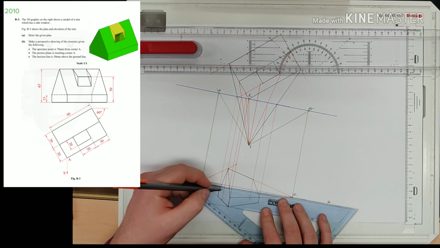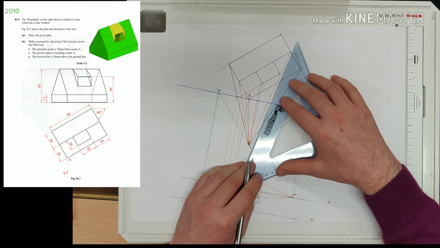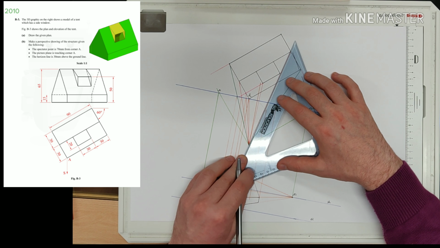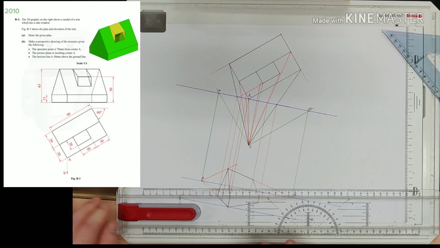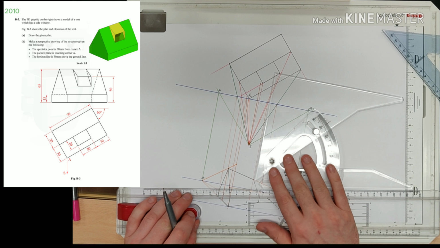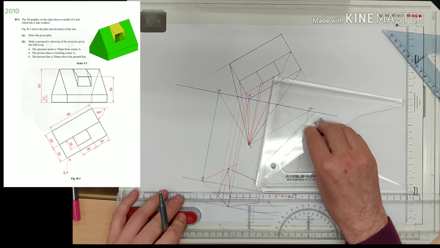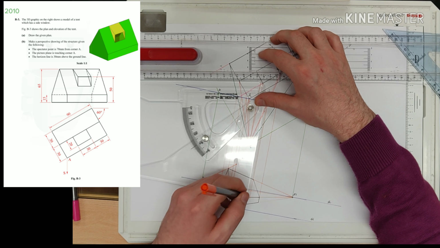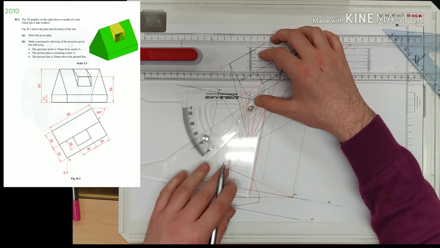So I'll quickly do that. Again, both points have to go to our spectator and down to our perspective. One.